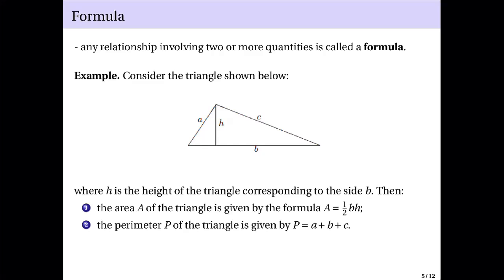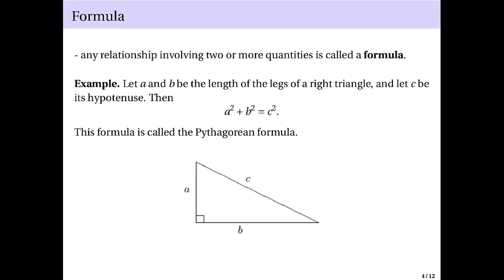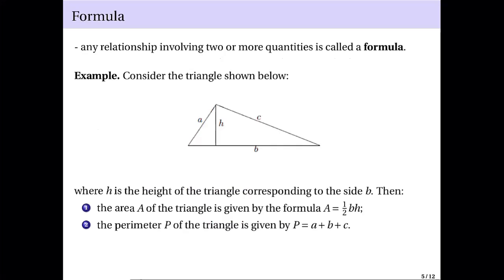At least for a right triangle, the longest side is C. But for other general triangles, the longest side could be any of the three. But anyway, we let H be the height of the triangle. So this guy here corresponds to the side B. So this is your side B, and you have this H here.